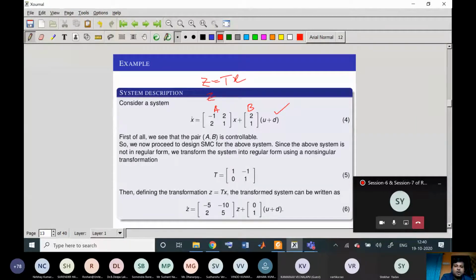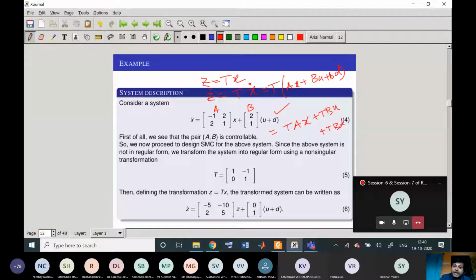Now, if we take Z equal to Tx, then Z dot will be equal to T into X dot, and we know that X dot is A into X plus B into U plus D. So it will be T into AX plus T into BU plus T into BD.